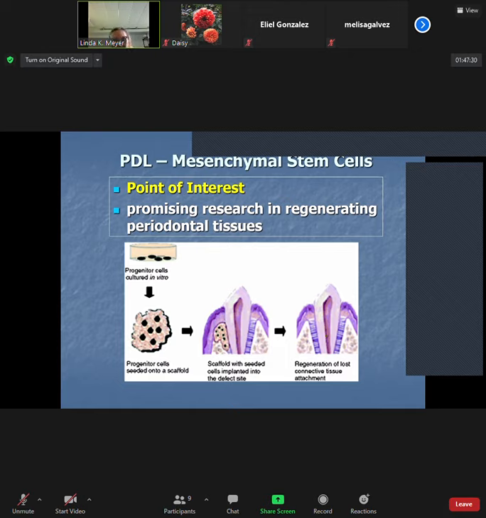See, it shows you where there was bone loss here, loss of PDL attachment, and they're trying to take these stem cells to see if this can be regenerated. And it's something that they're working at. Someday people that have had all this attachment loss may be able to have it restored through manipulation of these stem cells that can be triggered to produce those tissues of the attachment apparatus again.